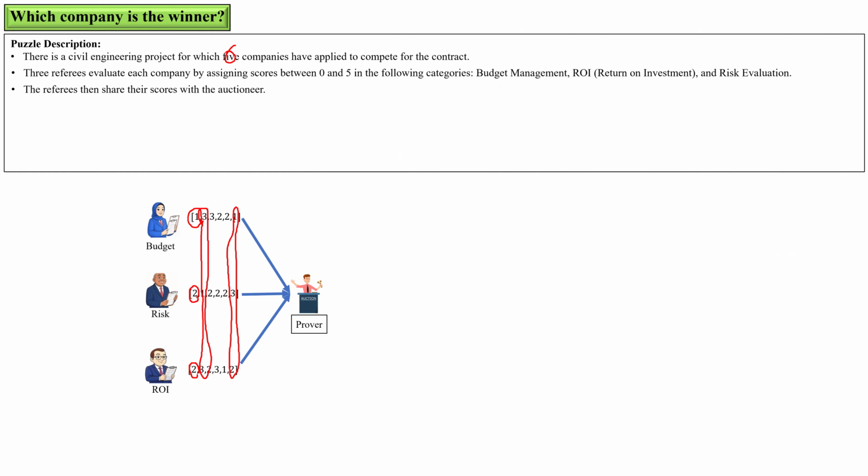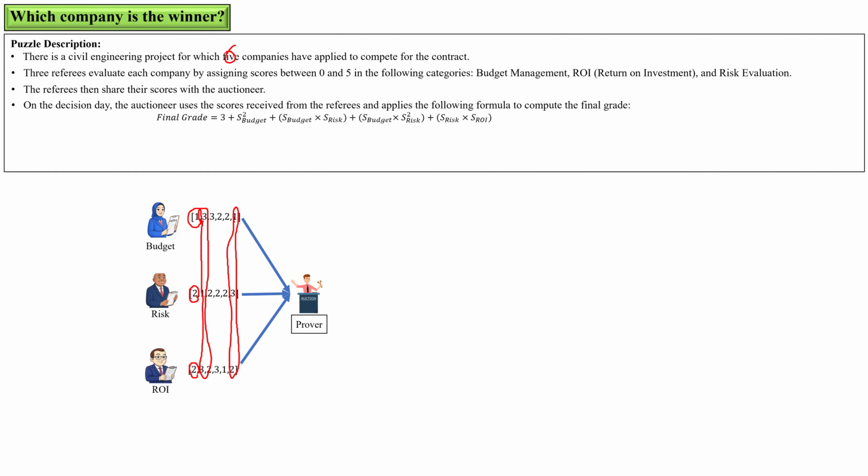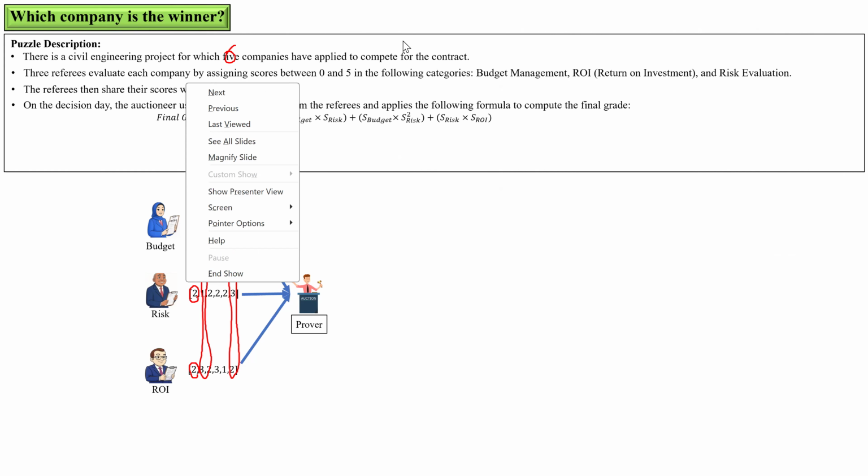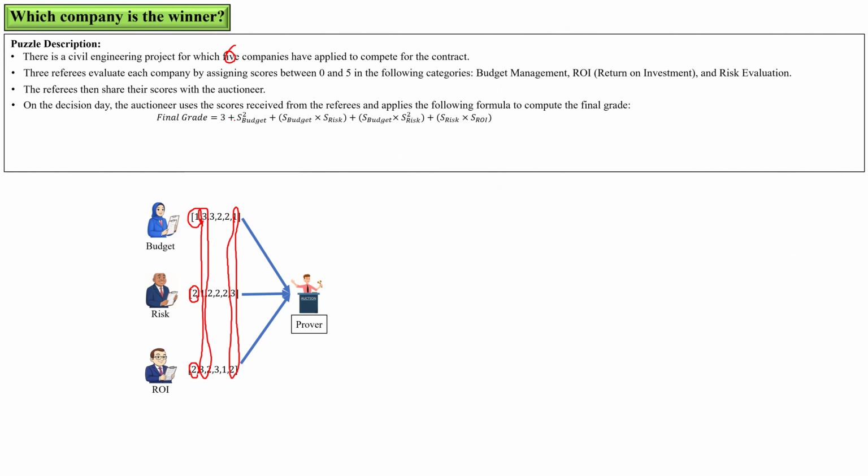Okay, so the scenario then says that the referees should share the grades with an auctioneer, and then the auctioneer computes the final grade of an application using this formula, right? The formula says that the grade of budget should be squared, and then the grade of budget should be multiplied by the grade of risk.